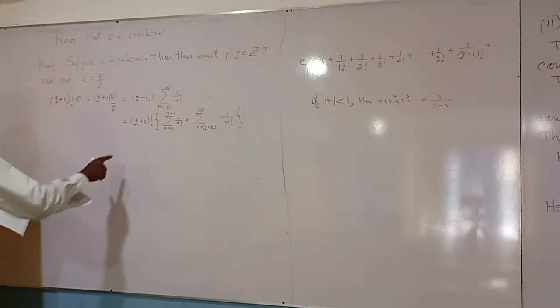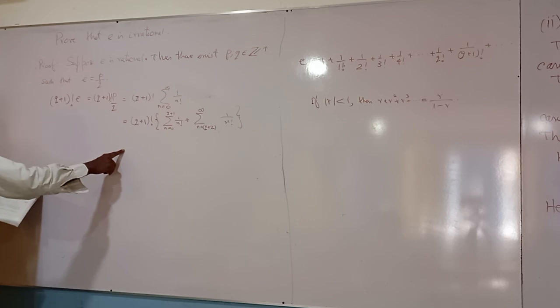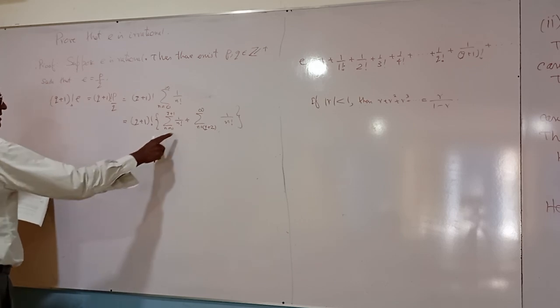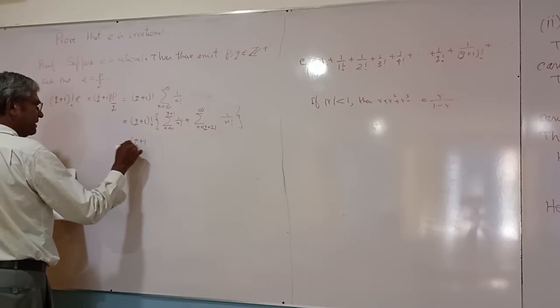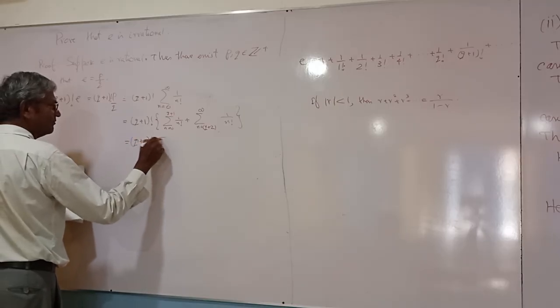Now, this number, let me write this way: Q plus 1 factorial times the sum n going 0 to Q plus 1 of 1 over factorial n, plus then Q plus 1 factorial times the sum n going Q plus 2 to infinity of 1 over factorial n.